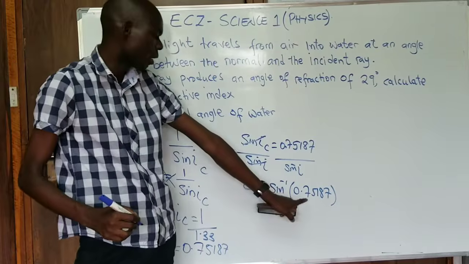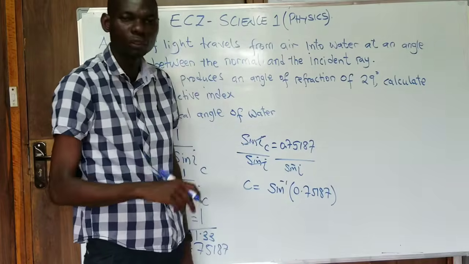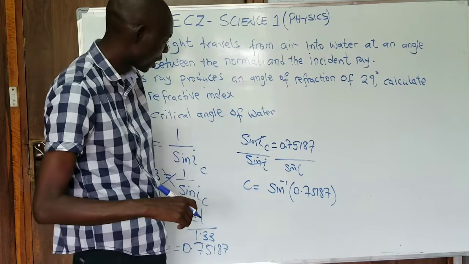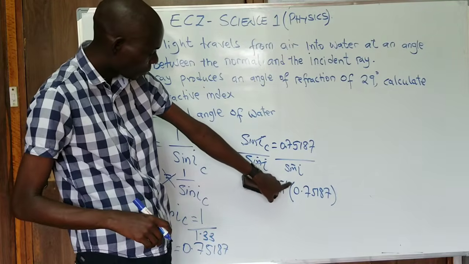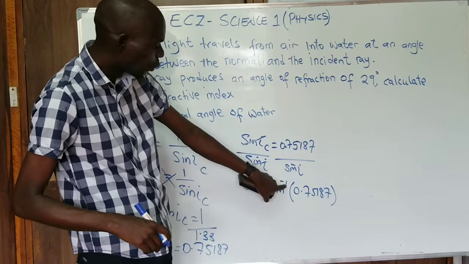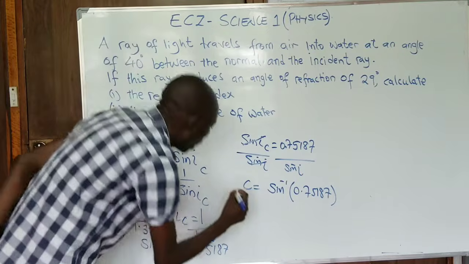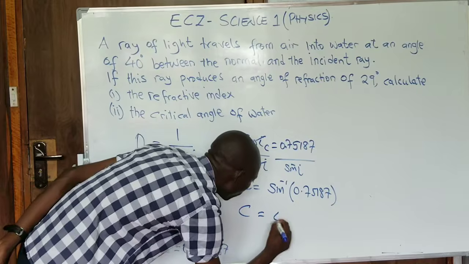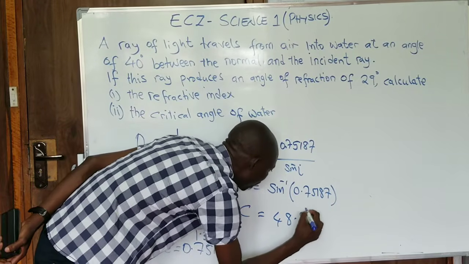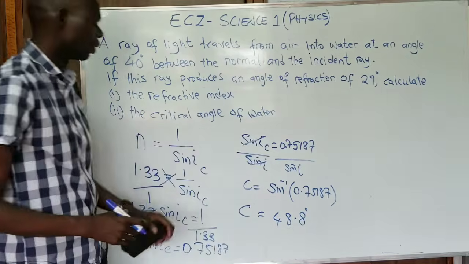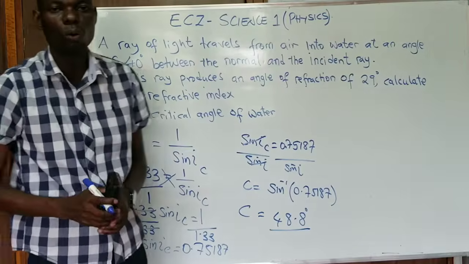If you press this on a calculator using the function shift, you first press shift, then sine, and the function with a -1 as a power pops up. The critical angle that you will find is 48.8 degrees. So this is our critical angle of water.